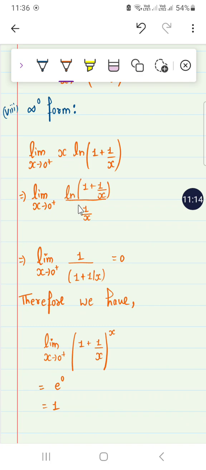Taking 1 over x in the denominator and applying L'Hospital rule, right? What you have to take is the L'Hospital rule at this point, which gives you 1 over 1 plus x and 1 over minus 1 over x square. After taking the limit, it is 0, and this is e to the power 0, which is equal to 1.